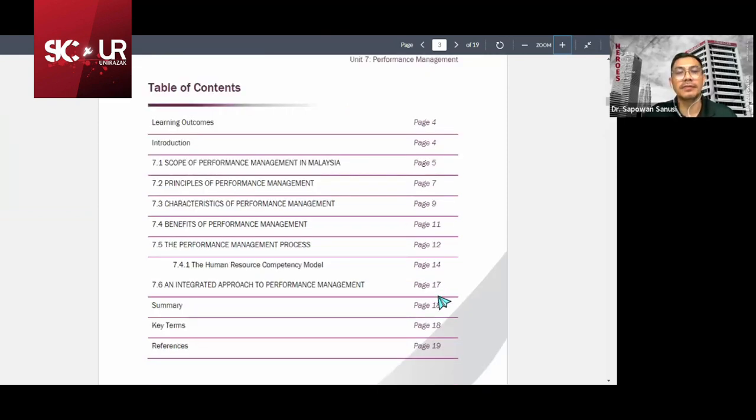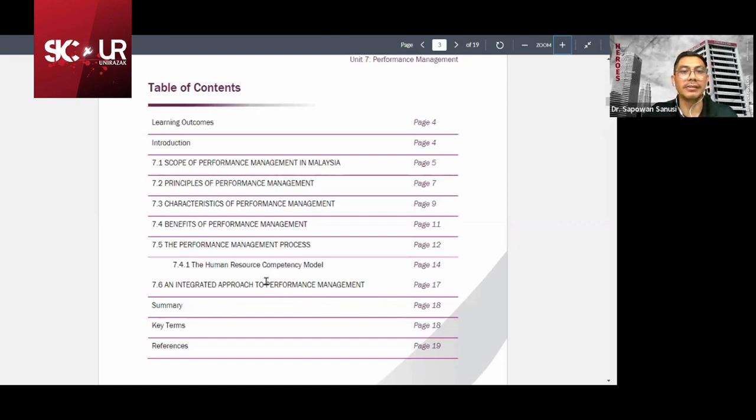The principles of performance management: we have 5 principles. Then the characteristics of performance management, the benefits, and also the performance management process. The principle and process are different. An integrated approach to performance management throughout the industry, company, or individuals.